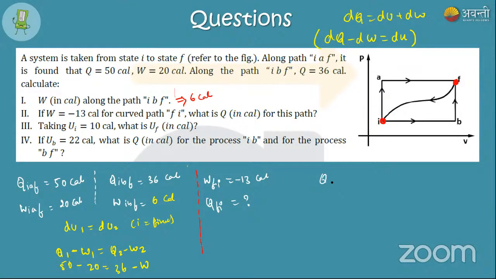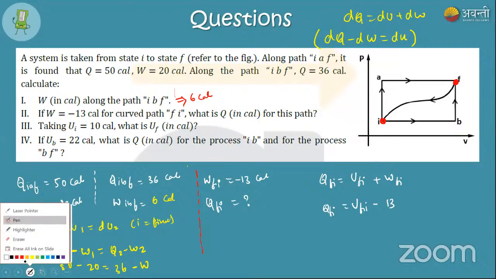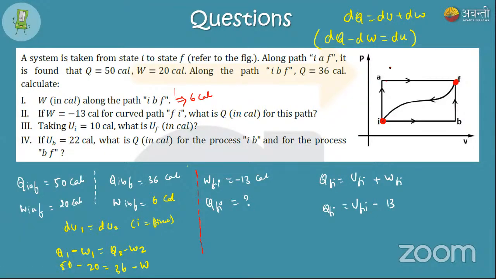Q of FI is equal to U of FI plus W of FI. So Q is equal to U plus W, right? How do I find Q now? If I know U of FI, and W of FI is given as minus 13, then Q of FI can be found easily. How do I find U of FI? What's the change in internal energy between F and I? For that you can use the first law for the first process.